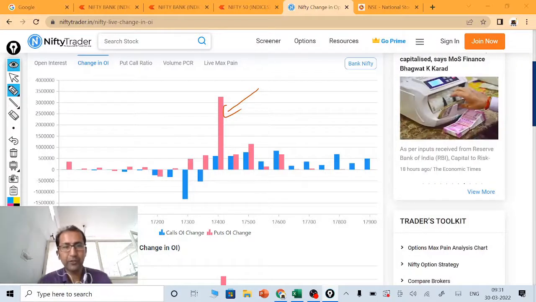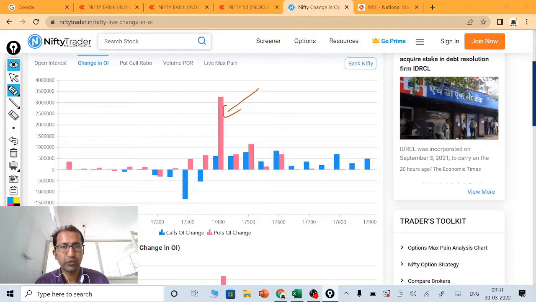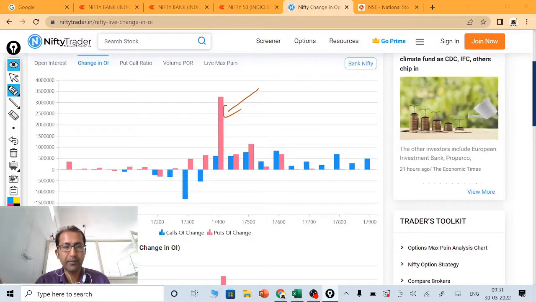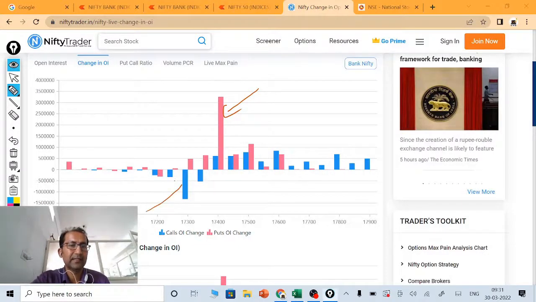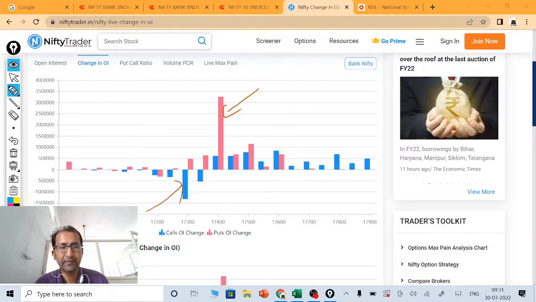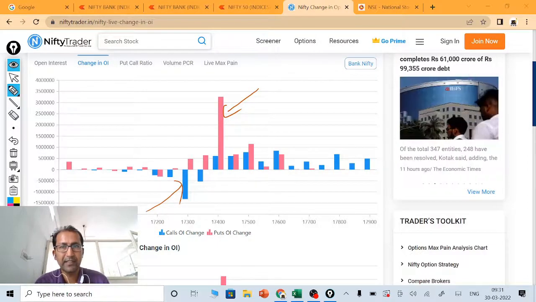So 17,000 put is going to be a major support. Today there was a big gap up, so 17,400 is a big support, and you can see 17,300 calls are exited, which is a sign that the market is going higher.